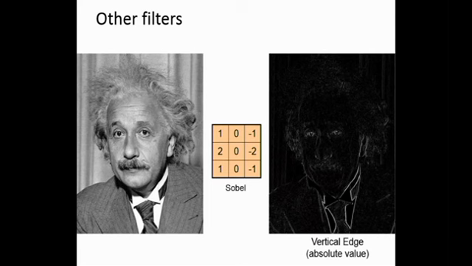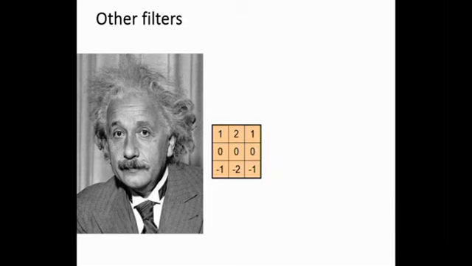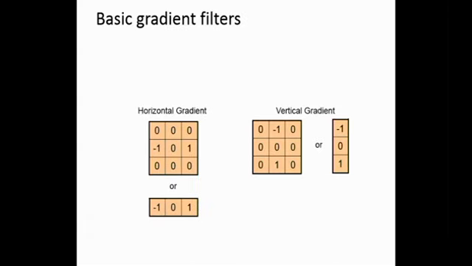Usually, most often you want the total edge strength. So you would have some kind of horizontal and vertical edge detector, or edge detectors at different orientations, and then you'll use their relative strengths to find the angle of the edge. The simplest edge detector you could make would be a horizontal gradient detector, which just does the difference to left and right, and a vertical gradient detector.